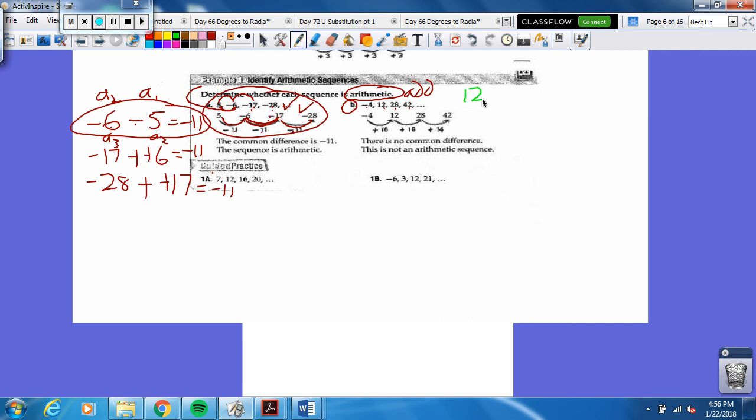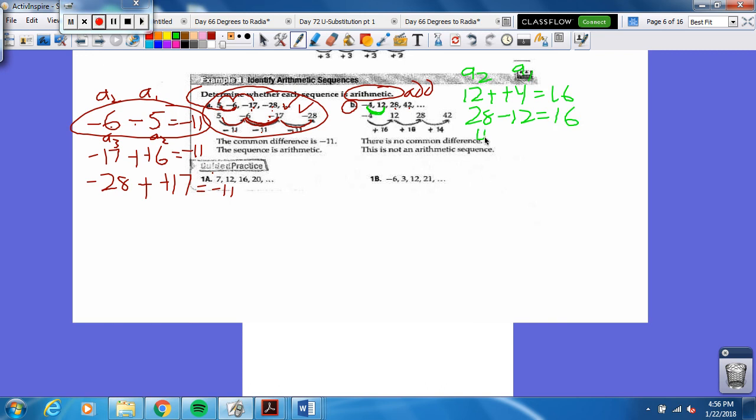So 12 minus -4. This is A2. This is A1. So that is 16. So from here to here is 16. 28 minus 12 is also 16. We good? All right.